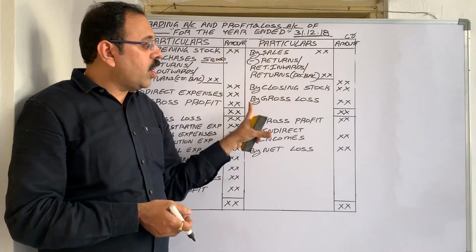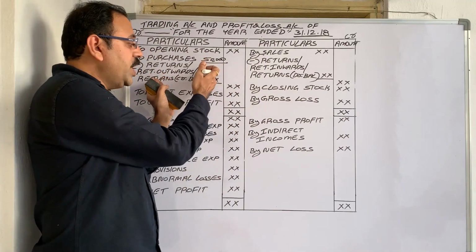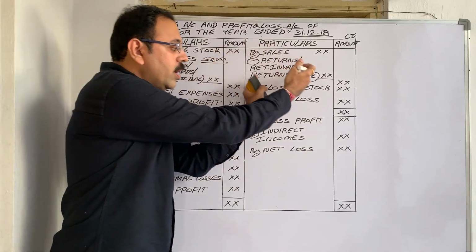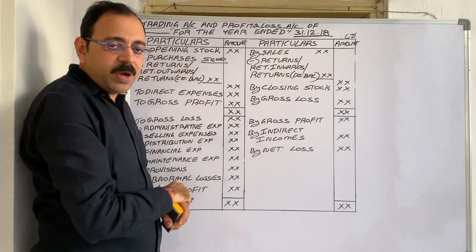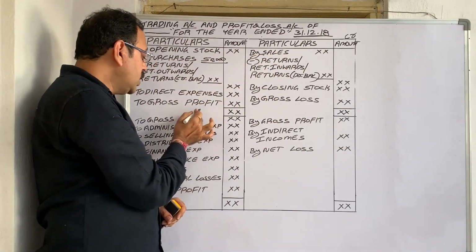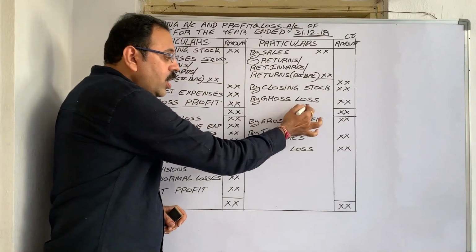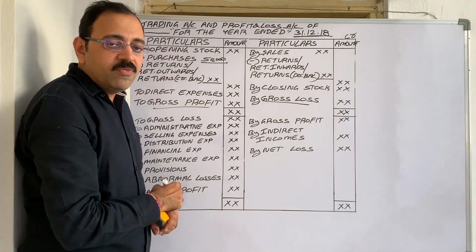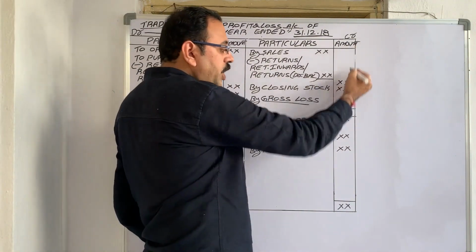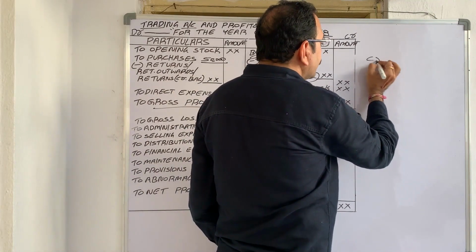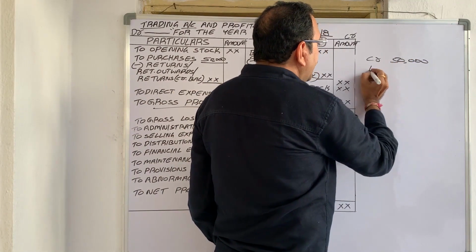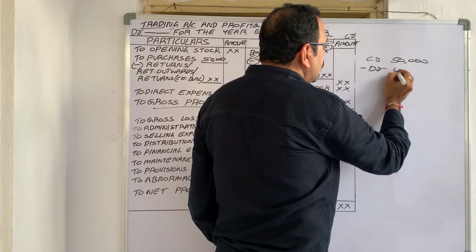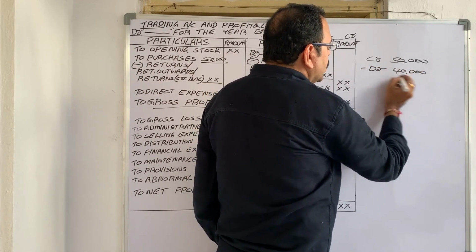So in trading account, all expenses we debit and all incomes we credit. The difference between income and expenditure is known as gross profit or gross loss. For example, credit side total is 50,000 rupees and debit side total is 40,000 rupees.